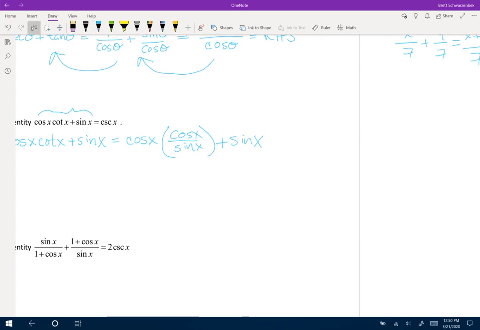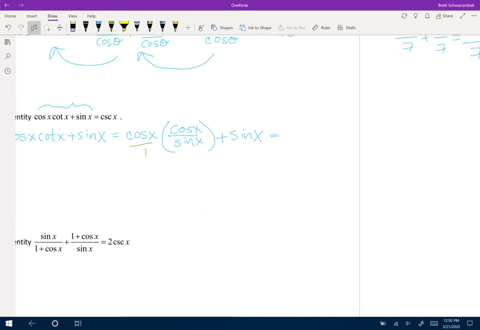If we do the multiplying, note that this sine x is actually over 1. That's not what you'll get originally, but you'll realize that. So the key is nothing cancels out here. If you look at the diagonals, there are no common values, which means we actually have to multiply this out and get cosine squared over sine, and then we'll leave the sine x.